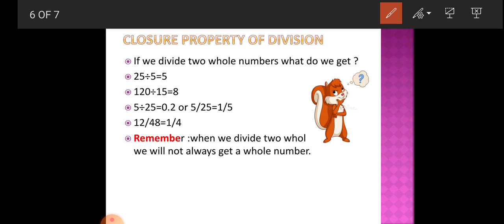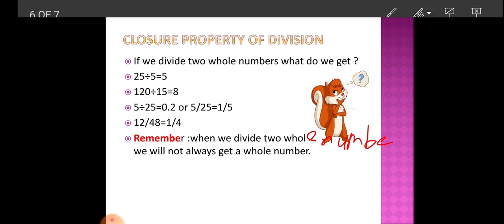No, these are not whole numbers. So when we divide two whole numbers, we will not always get a whole number.